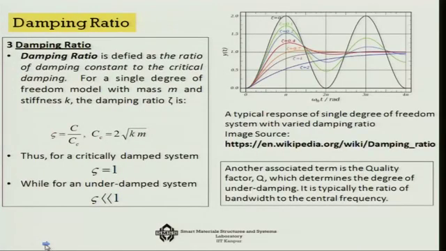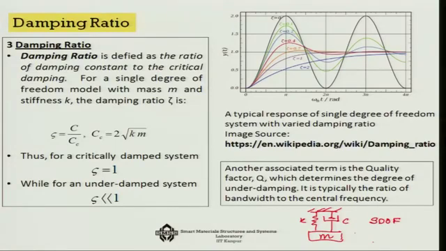Now, how are material properties related to it? One important thing here is the damping ratio, which is basically the ratio of damping constant to the critical damping of a system. Suppose we consider a single degree of freedom system, something like a stiff spring here, a damper or a dashpot here, and a mass M. This is called a single degree of freedom system.